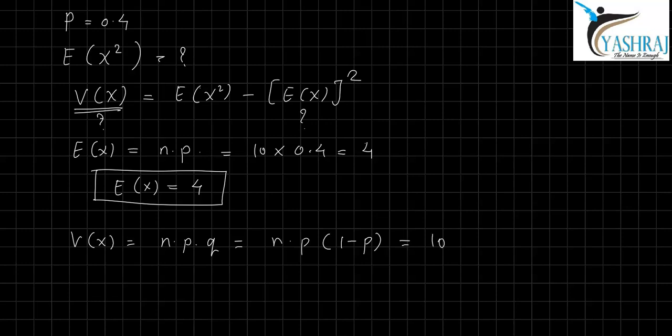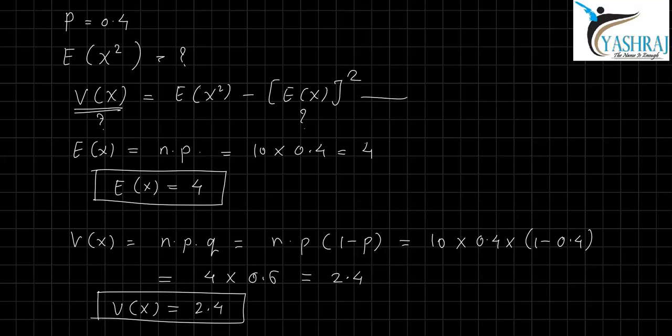So n equals 10, p equals 0.4 and 1 minus p is 0.6. So we get 10 into 0.4 as 4, 1 minus 0.4 as 0.6, 6 4s are 24. After one place we have a decimal. So V of X value we have is 2.4.